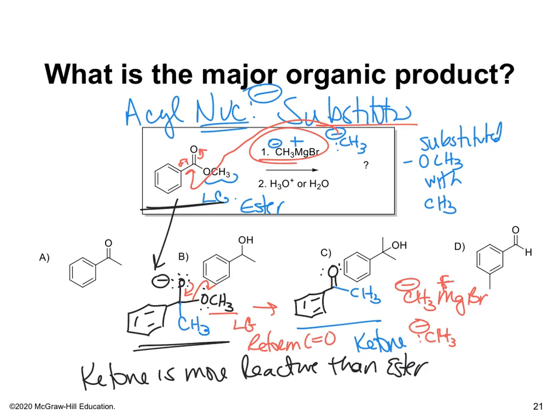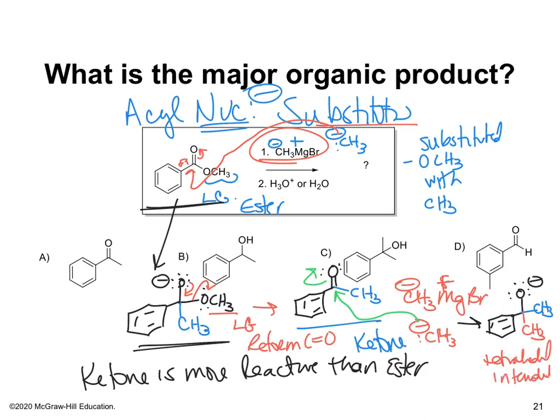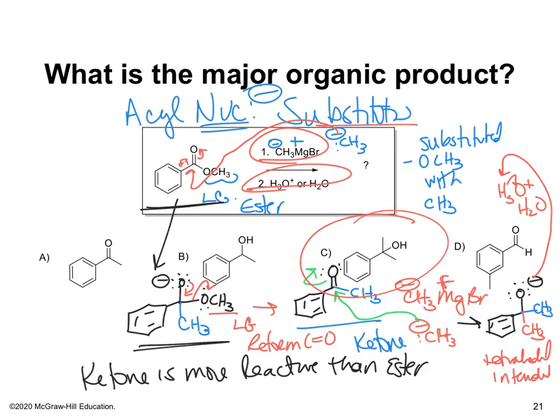So what's going to happen is now you're going to get nucleophilic acyl addition. You have the CH3 here. Now you've added another CH3, and this is your tetrahedral intermediate. And then you have the acid and water, and that will get protonated to make a tertiary alcohol. So C is your answer.